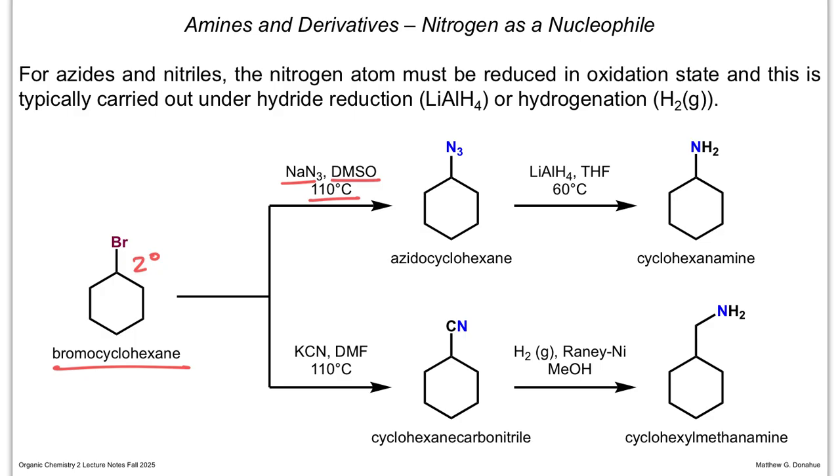That installs the azide through substitution. But we don't want that, so we have to do a reduction, and we can use the hammer, lithium aluminum hydride. All that's doing is expelling that N2 as nitrogen gas. And so now what we've ended up with is a primary amine.